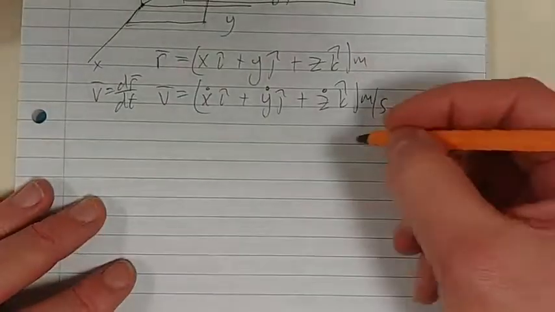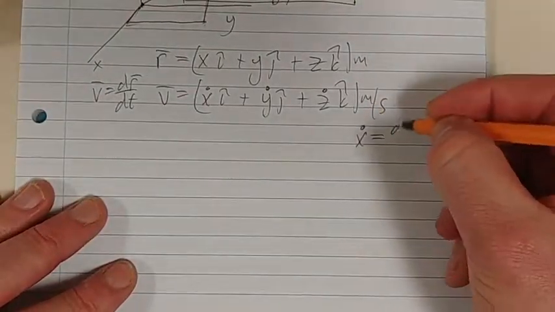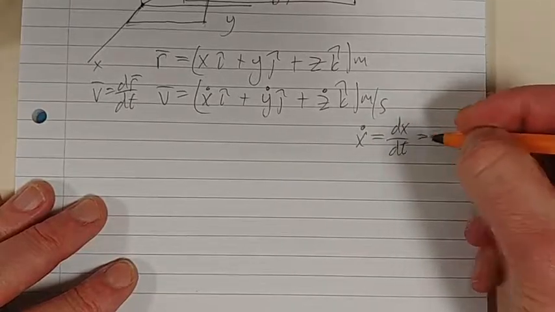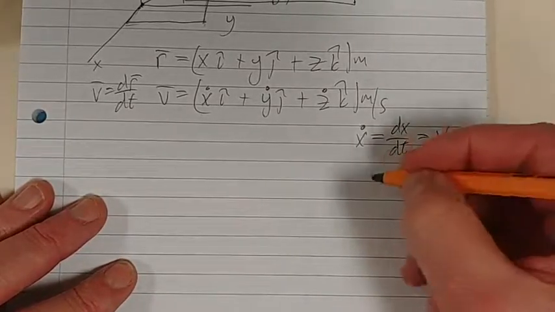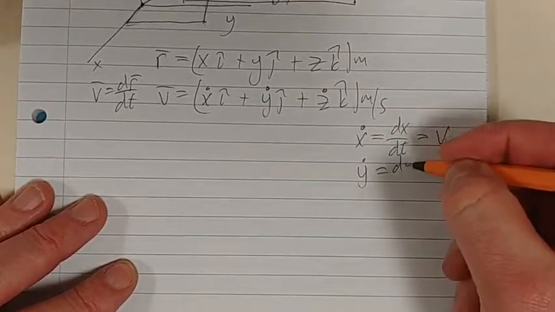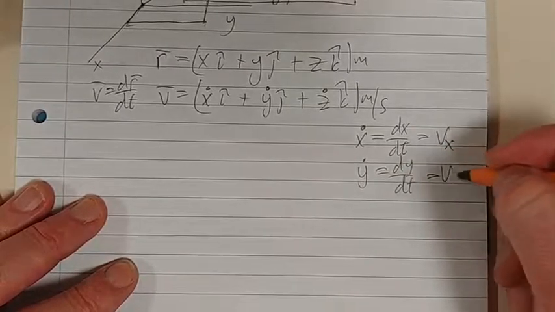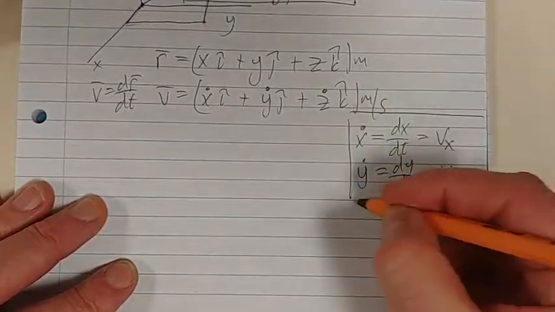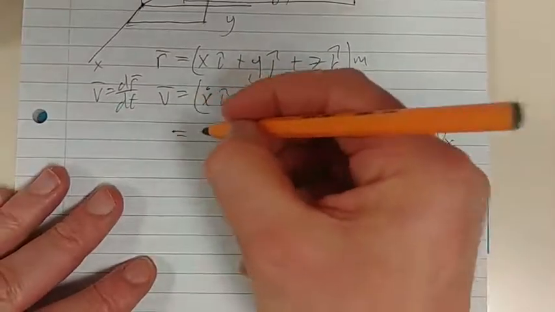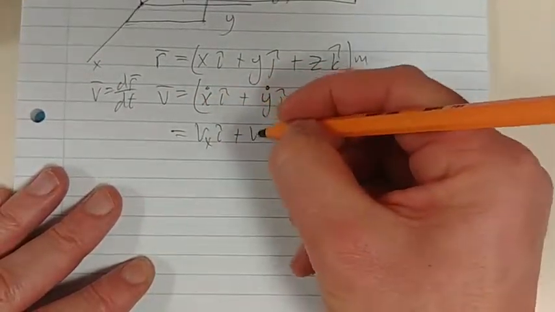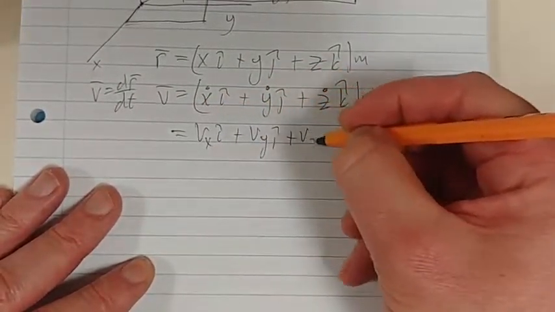And what is x dot? It is just dx/dt. It is vx. What is y dot? It's dy/dt, vy, etc. Okay? That's all that is. So this is vx i, vy j, vz k.